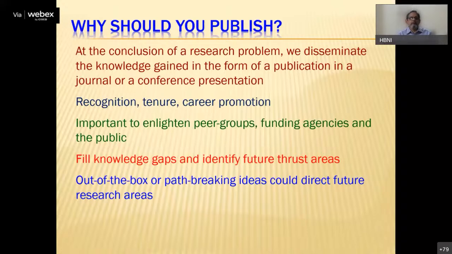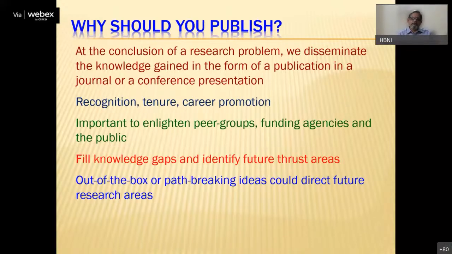In fact, if you see the broader picture, there's an even more important requirement which is to be fulfilled. And that is to enlighten the peer groups in your area of research.